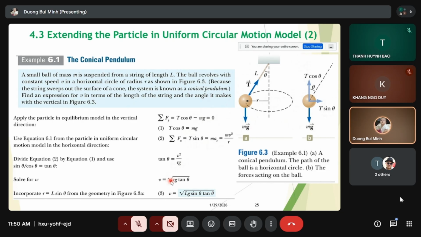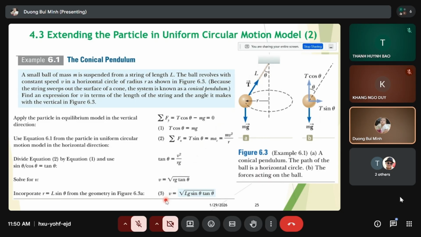V is the square root of R g tan theta. And R is the radius. To get R, you have L times sine theta. So finally you get the speed.